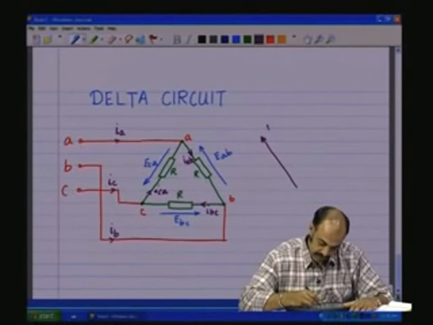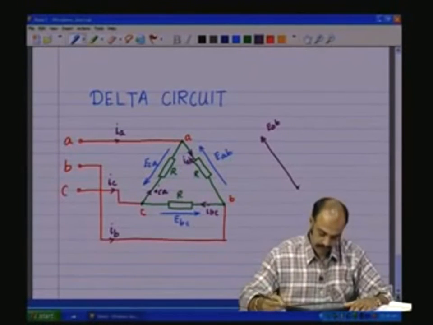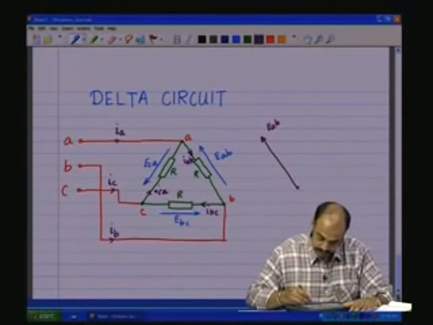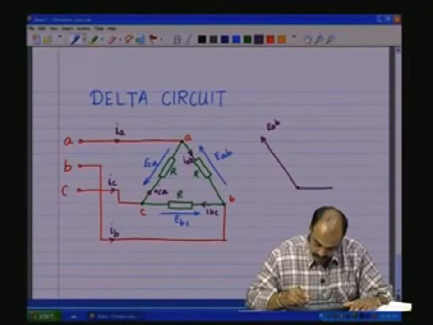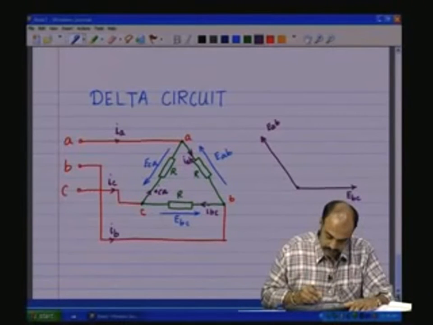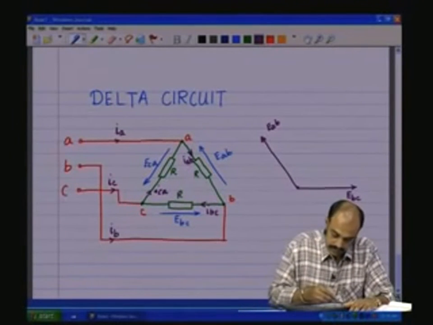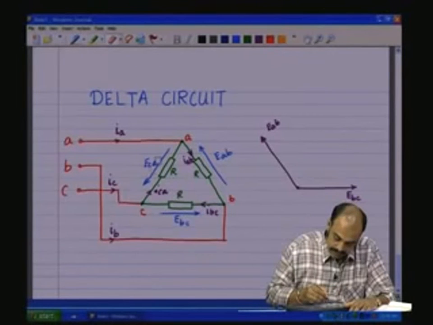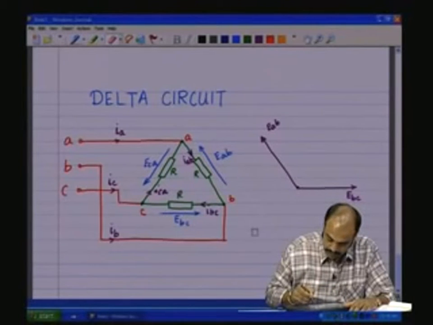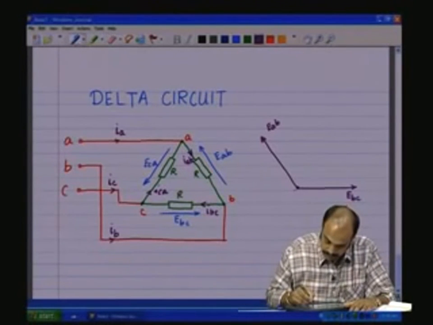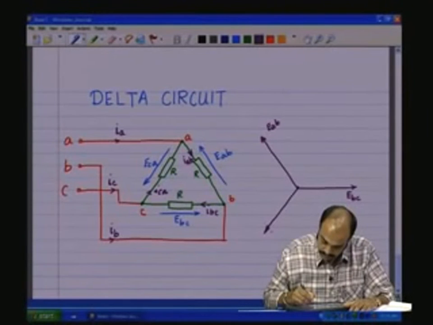So, this let us call it as EAB, EBC as shown here. Then we draw from here the ECA.